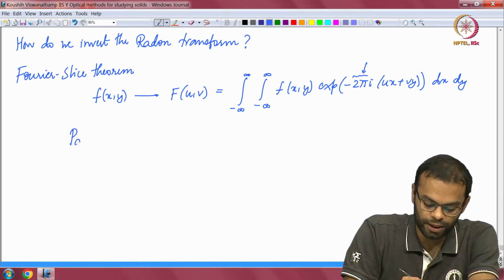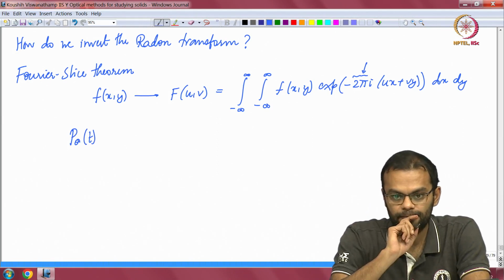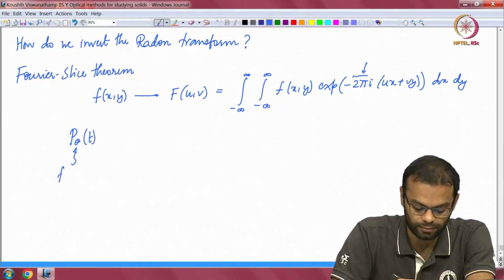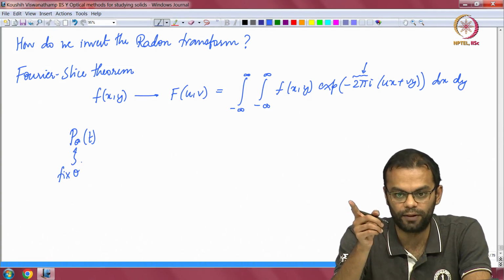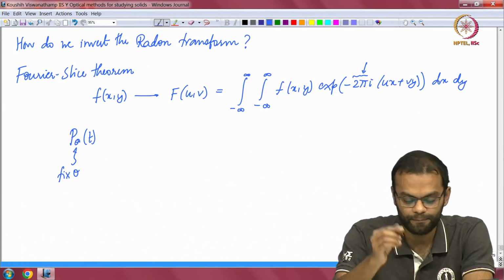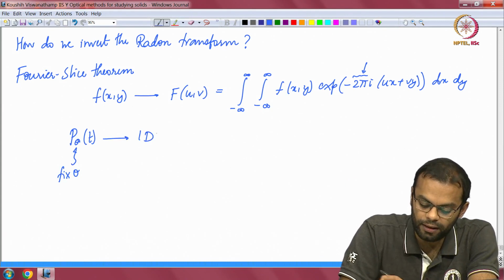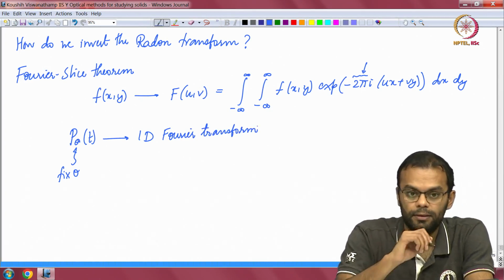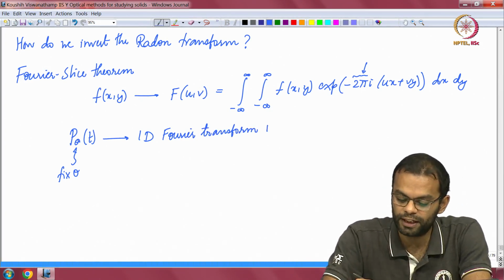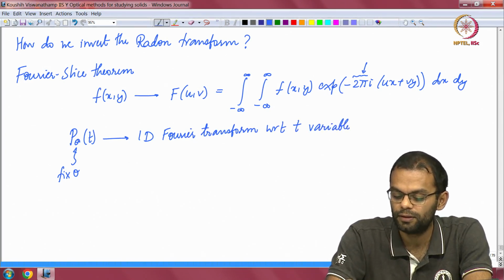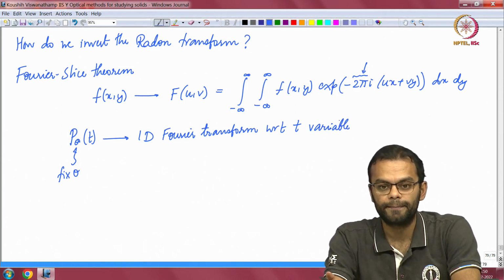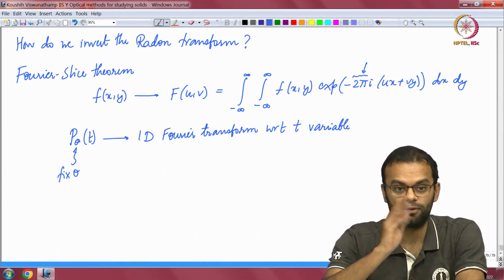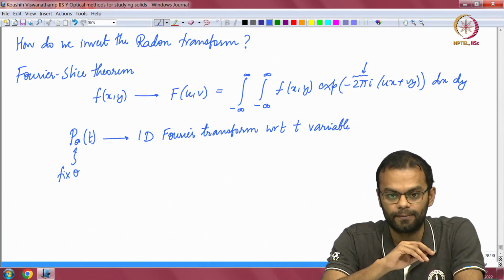Now, if you take a single projection, so a given value of theta, so you fix theta first, so now it is a function of one variable along the line direction t, and you take a 1D Fourier transform of this, with respect to the t variable, because that is the only thing remaining, right. So, you take a 1D Fourier transform of the Radon transform along a certain theta direction, okay.